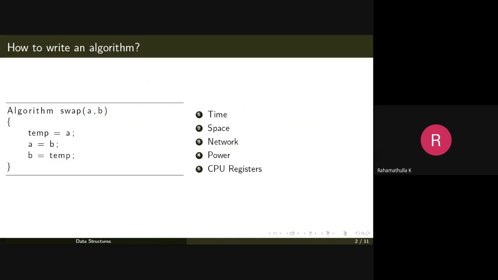Once you write an algorithm, it can be analyzed for different properties: how much time the algorithm is going to take, how much space the algorithm is going to take, etc. The execution time of an algorithm is not calculated in terms of the actual execution time.